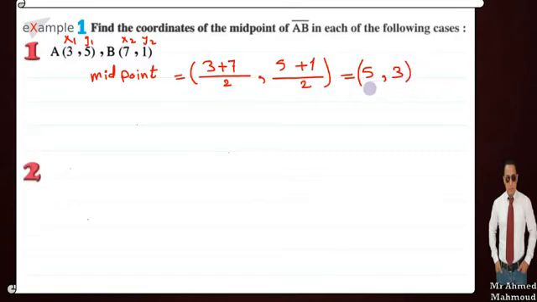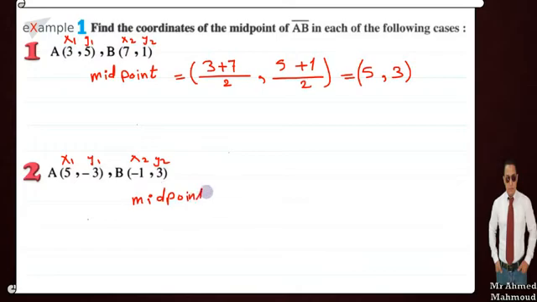Number 2, A equals (5, -3), x1, y1, x2, y2. Then the midpoint equals x1 plus x2 over 2, 5 plus negative 1.